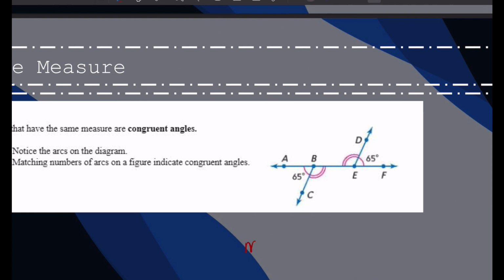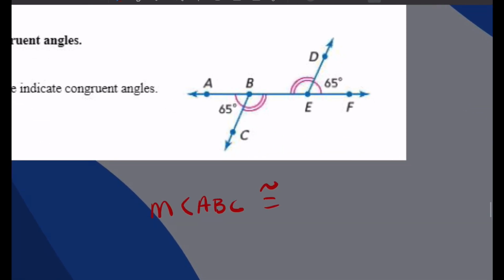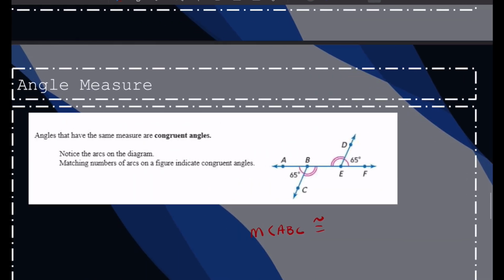So I will write the measure of angle ABC is congruent, remember, this is the congruent sign, to the measure of angle DEF, because they both have the same measure.